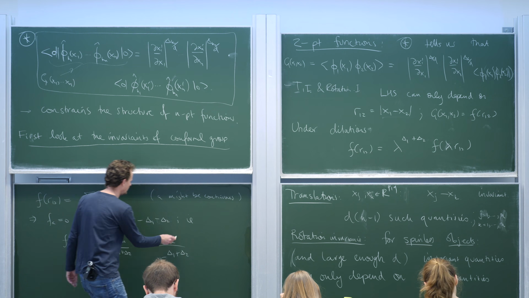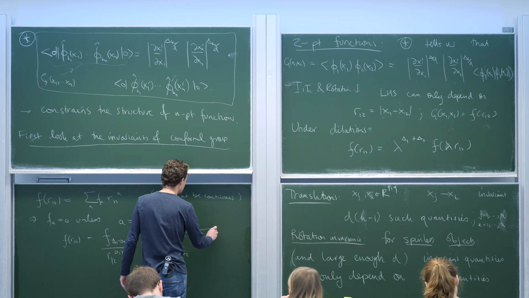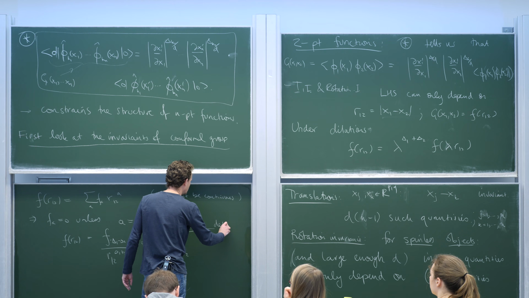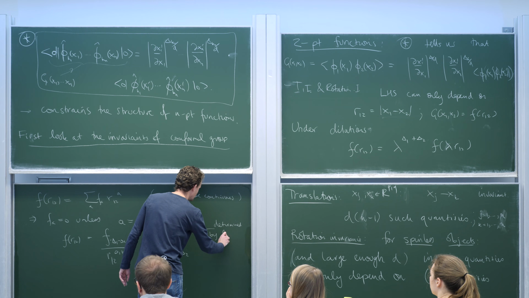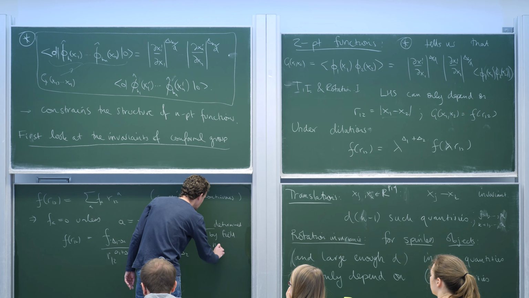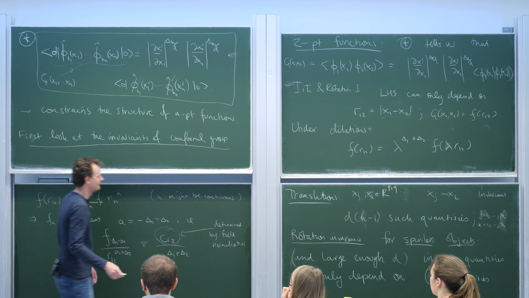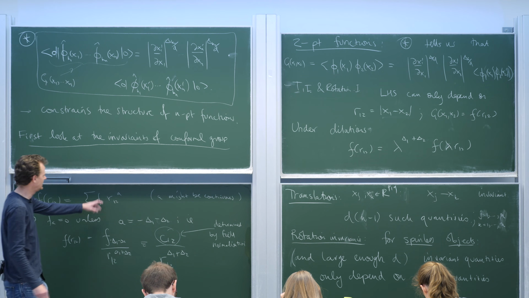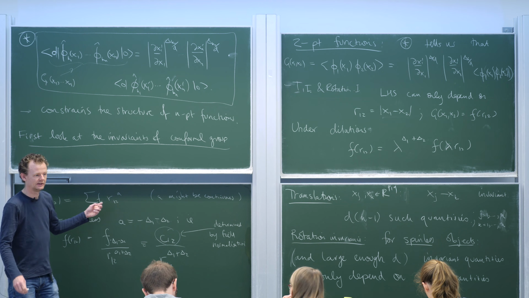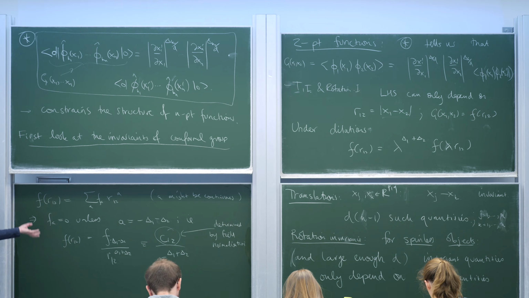Some single constant that you need to know. So this single constant can depend on the two fields, but is determined by the normalizations of those two fields.